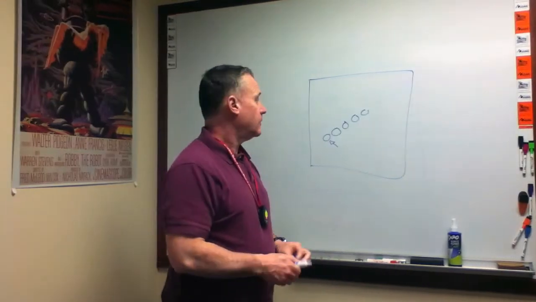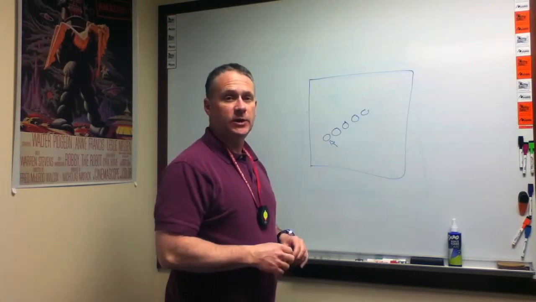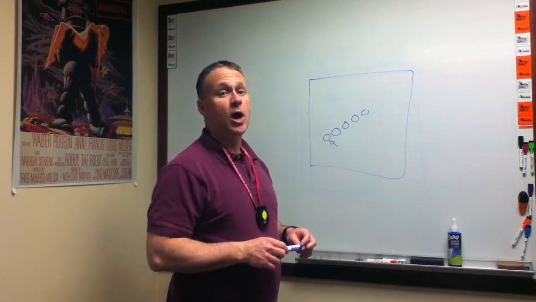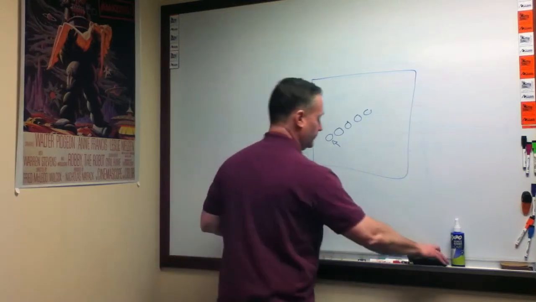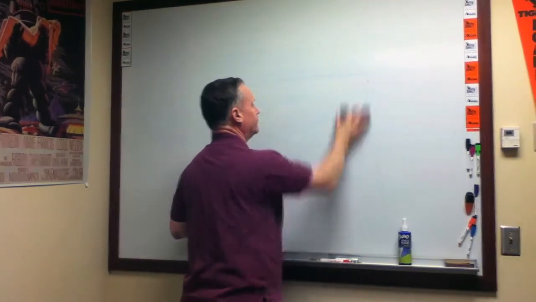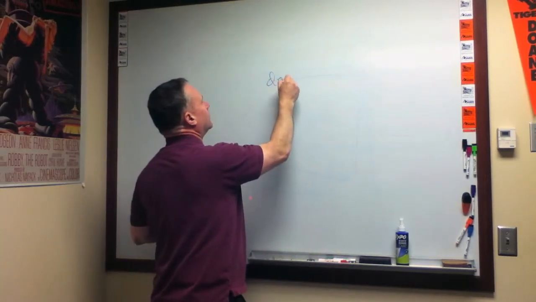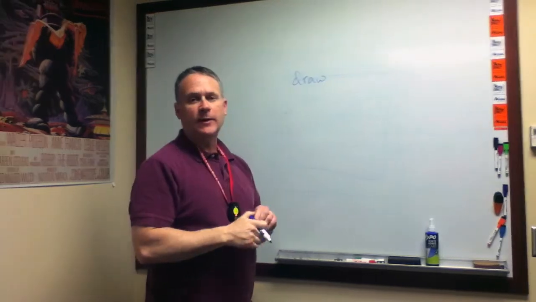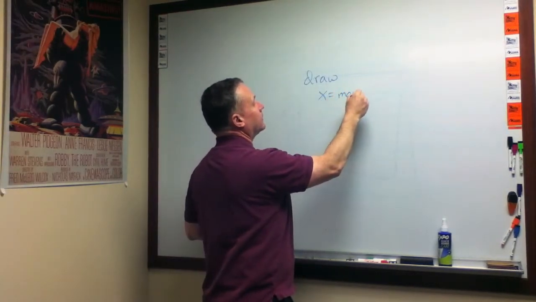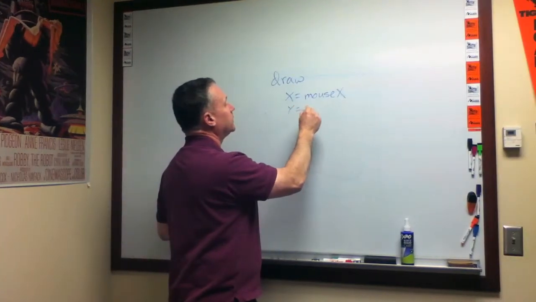So since I know at the beginning how many I'm going to draw, that's a perfect situation for a for loop. So let's really quickly sketch the draw method for this application. In our draw method, we're still going to need to save the location of our mouse pointer in some variables.